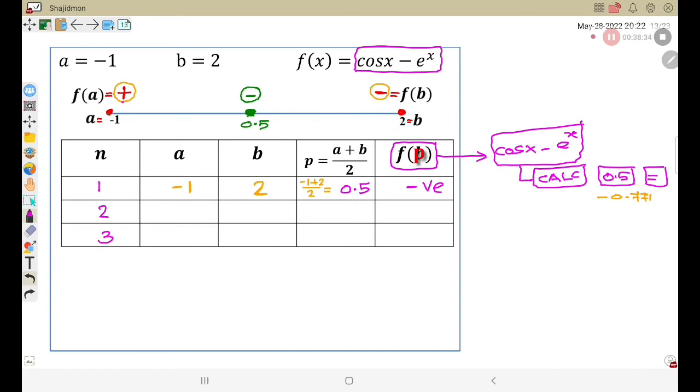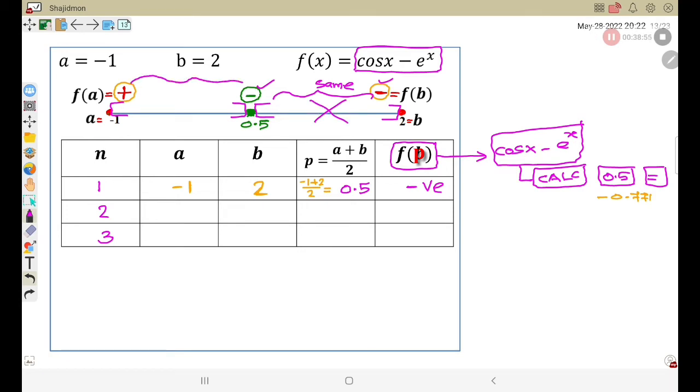We have two intervals now, minus 1 up to 0.5, one interval, 0.5 up to 2, second interval. Only check the sign there. See here, negative and negative, same sign. So we don't want this interval, we are deleting. So which interval we are taking? Here opposite.